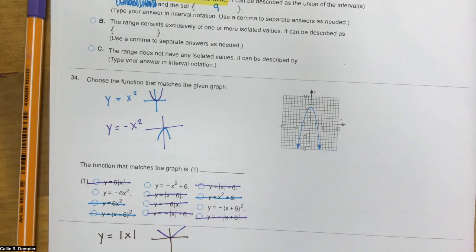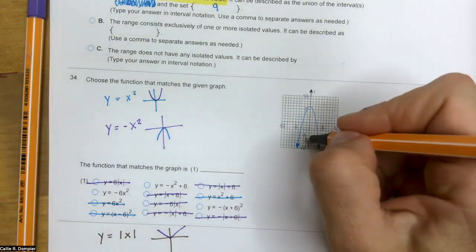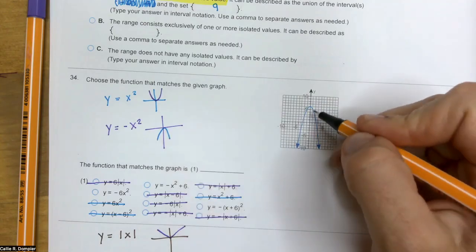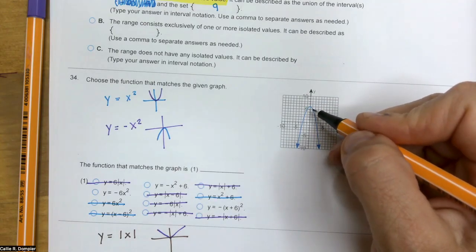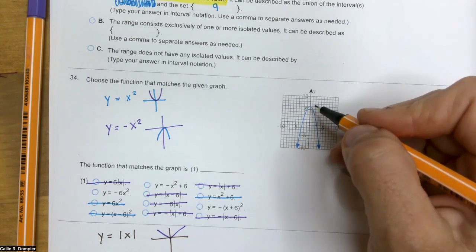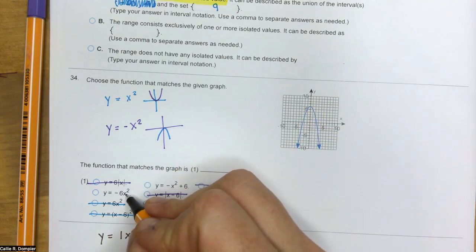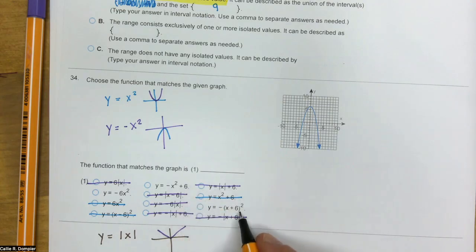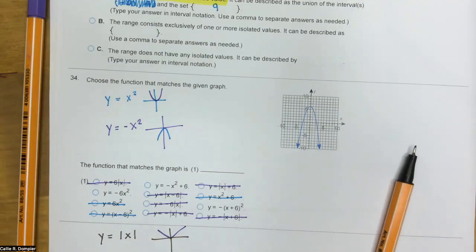Good. And then what's the next difference? It opened down, and instead of starting at (0, 0), it starts at positive 6. So what would have caused it to move up 6? Would it be to multiply the x squared by negative 6, to add 6, or to add 6 to the x before you even square it? What do you think?